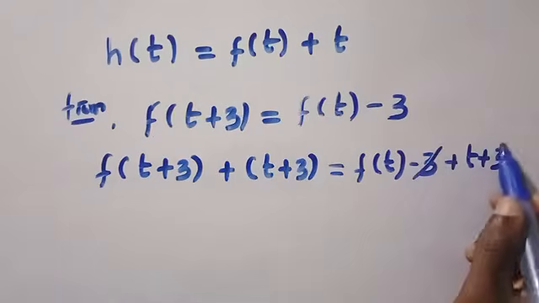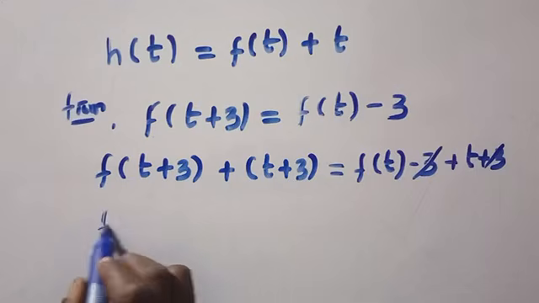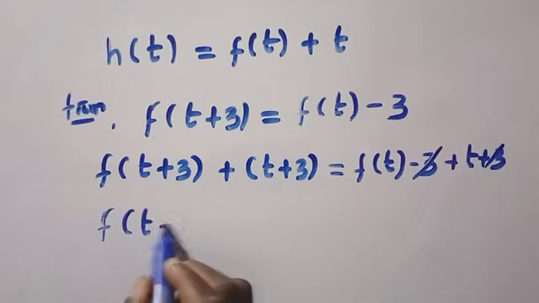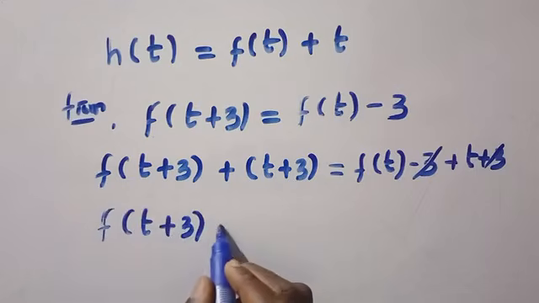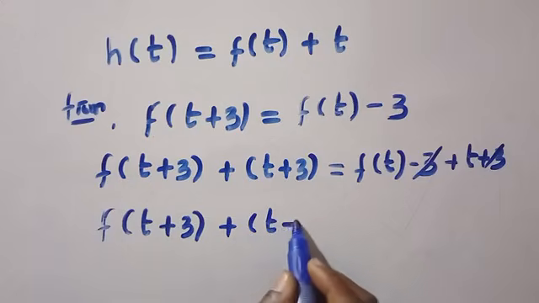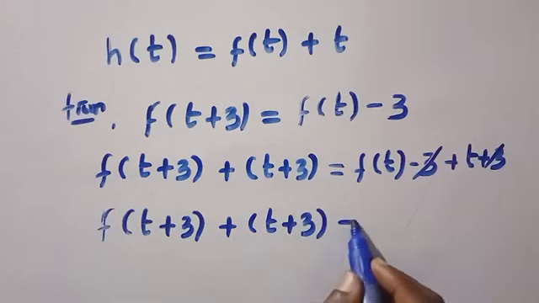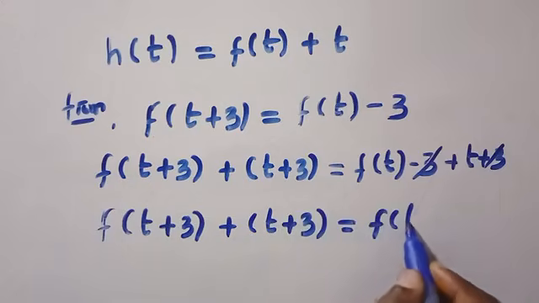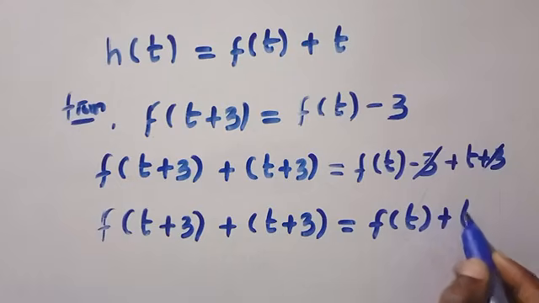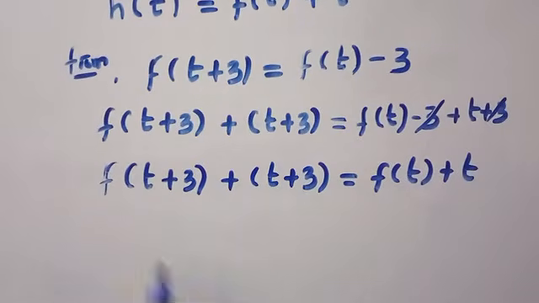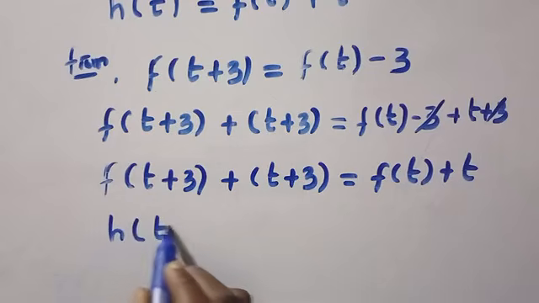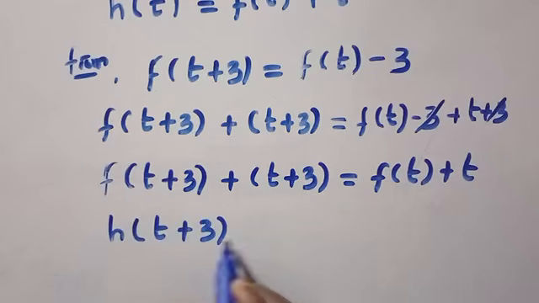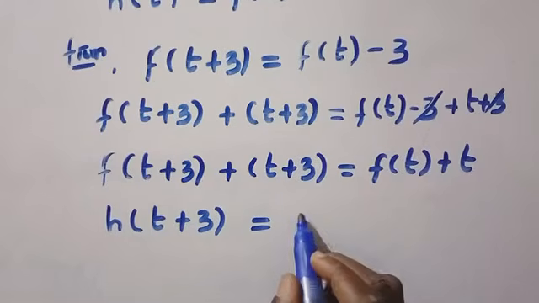From here, minus 3 cancels plus 3. This gives us f of t plus 3 plus t plus 3 equals f of t plus t. So this looks like h of t plus 3 equals h of t.